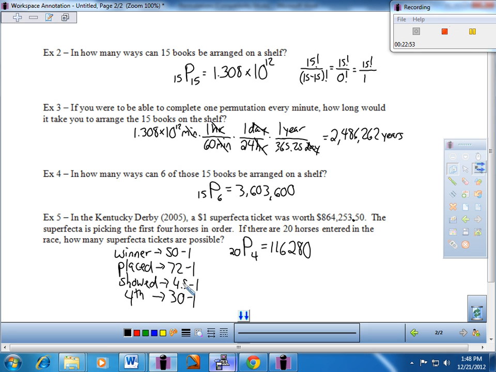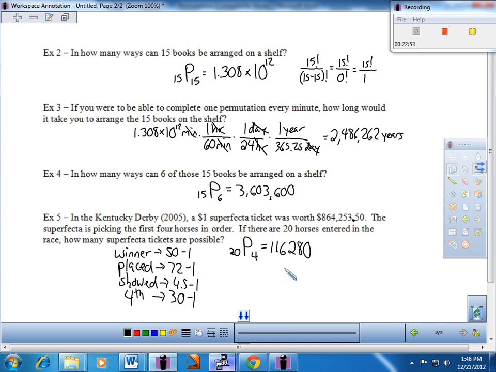And that's why that particular ticket was worth so much. Certain tickets are worth more than others depending on these odds. Now, I would venture to guess that most years the payout for a $1 superfecta ticket is going to be lower than this amount right here, obviously, to avoid somebody buying all of them and automatically making a profit.